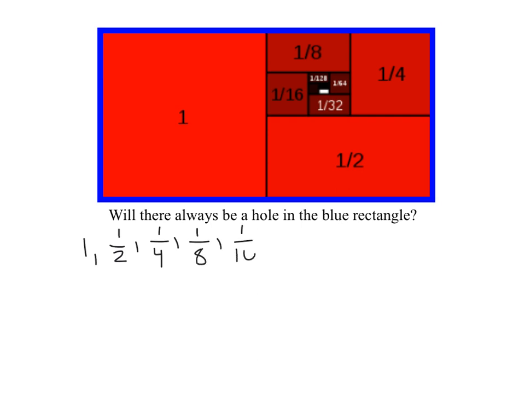So as you look at these squares, you start with 1, you go to 1/2, 1/4, 1/8, 1/16, 1/32, 1/64, 1/128. Then where would you go? 1/256, and you just keep going and going. We never actually get to 0. So as we add these together, we would end up getting closer and closer to a single number.